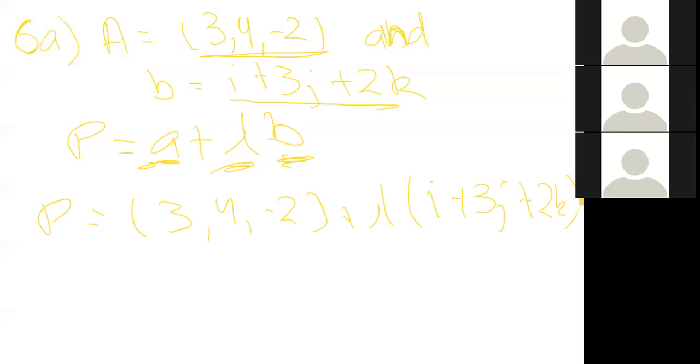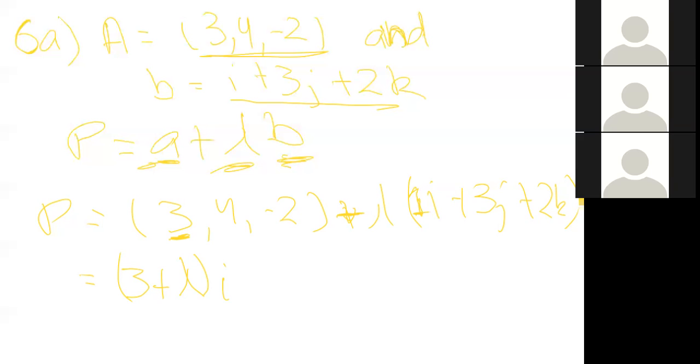And then if we do it so that we have it in the same format as what he has in the notes, we'll end up with 3 plus lambda i. So the way I've done that is that this is the i component of the point. This is a plus here. And what we have here is a 1i, right, pretty much. So if we have 1 times lambda, you can factorize that out.